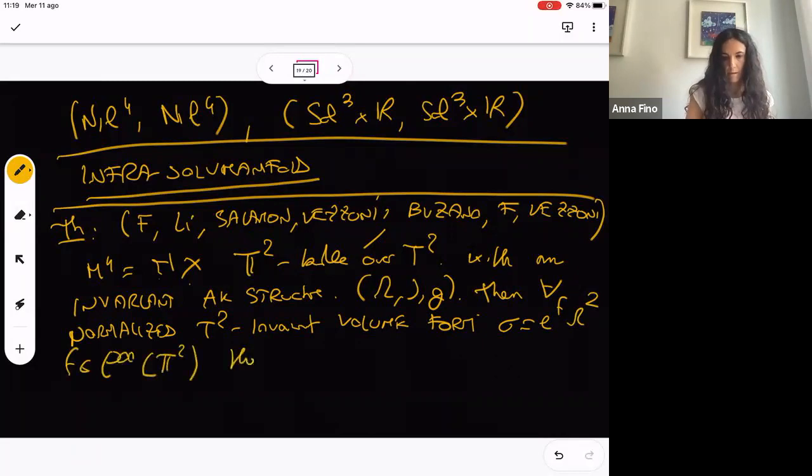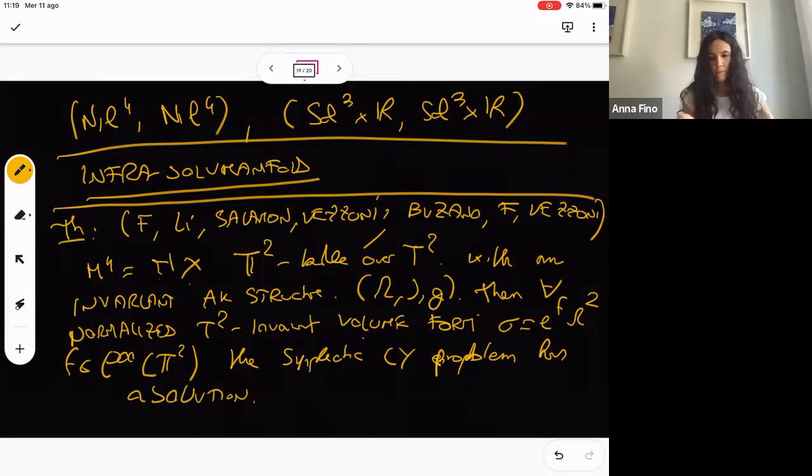The symplectic Calabi-Yau problem has a solution. And the unique solution, of course, we know by Donaldson that it is unique.